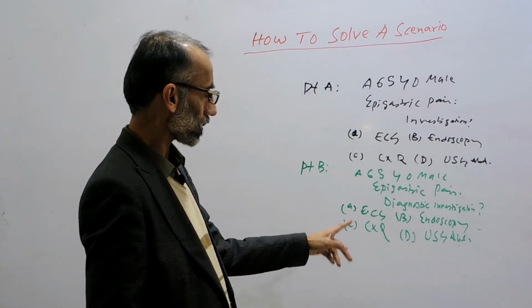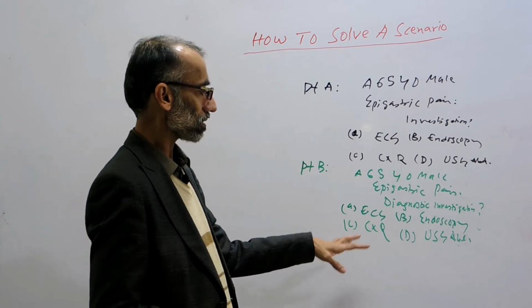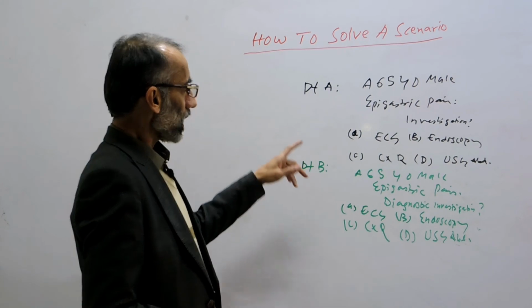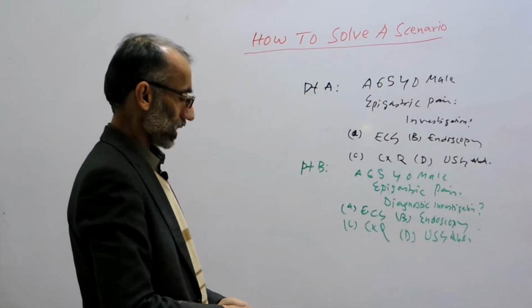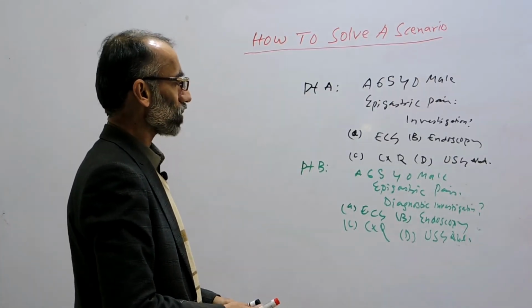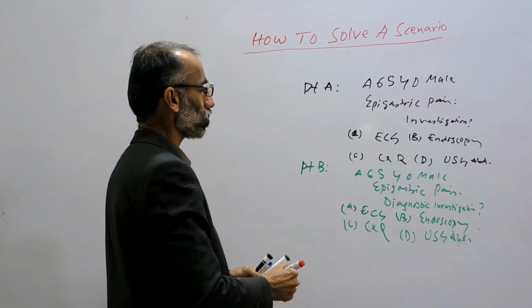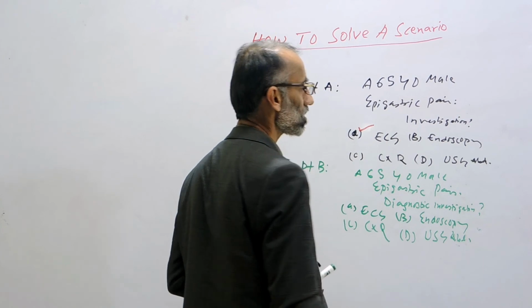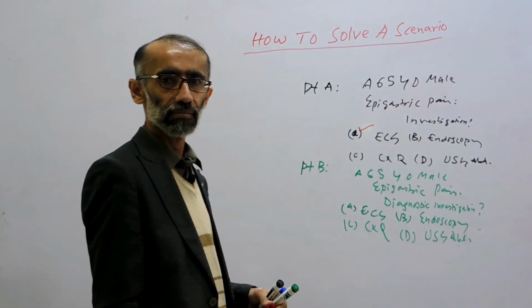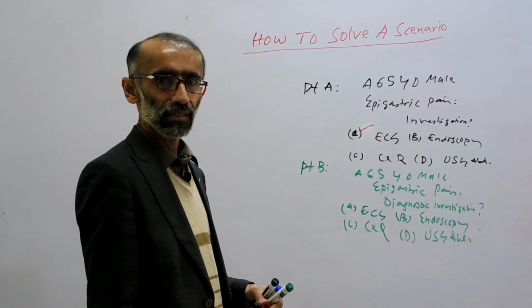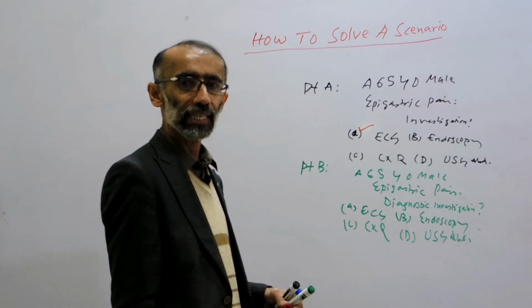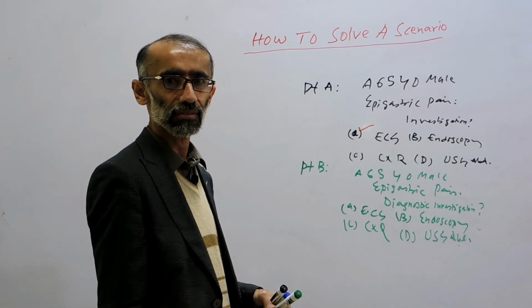Scenario and presentation are the same. In case of patient A, what investigation would you like to do? The most accurate answer is ECG, because first you have to rule out the life-threatening condition.